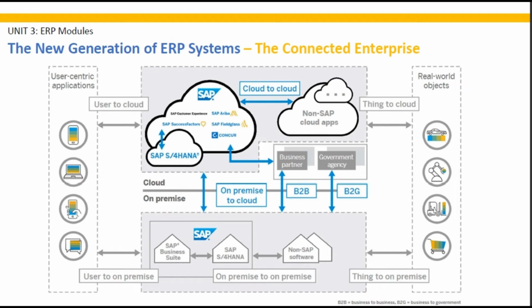So in the new generation of ERP, the connected enterprise, the real-world objects are directly handled in the best way possible with the technologies in the backend. What we are trying to do here is, without changing the business model or the business requirement, we are manipulating the backend technology. We have cloud to cloud, on-premise, and hybrid solutions, offerings which take care of the business process.